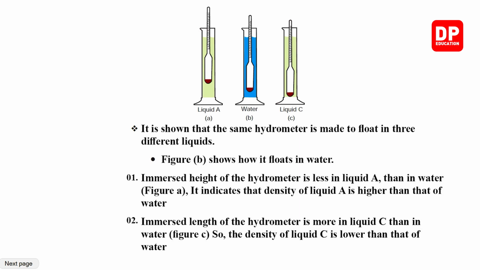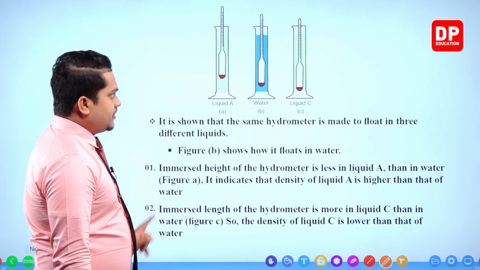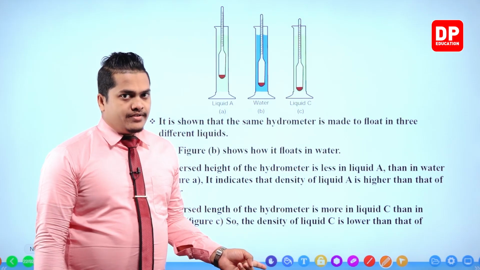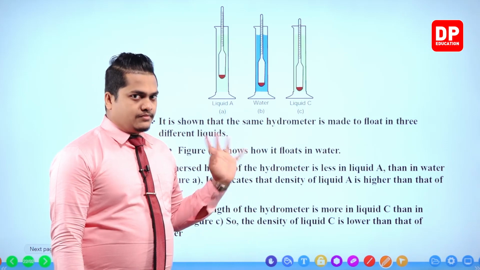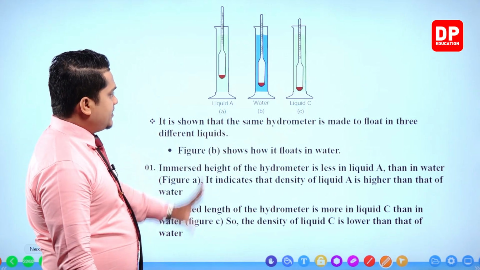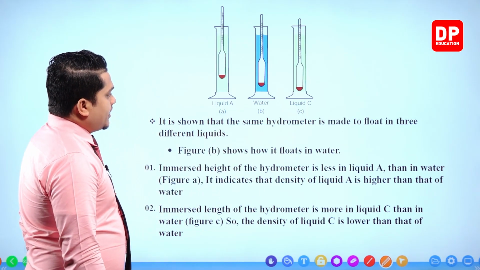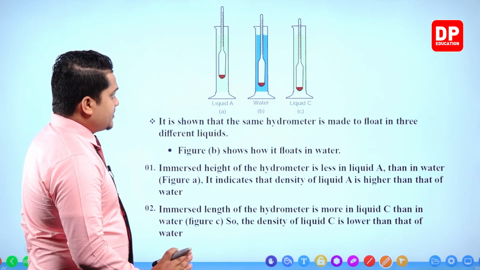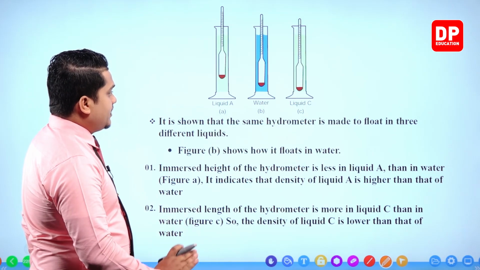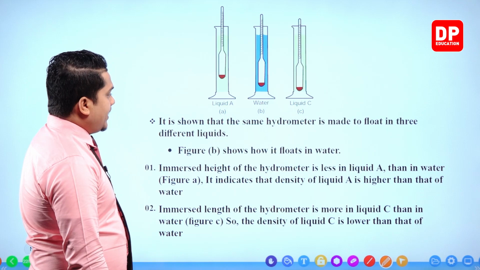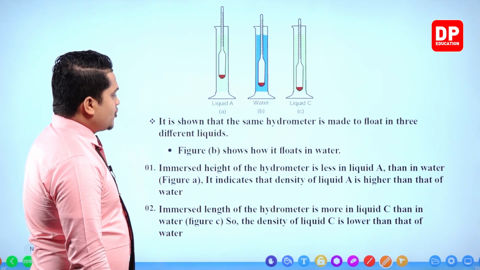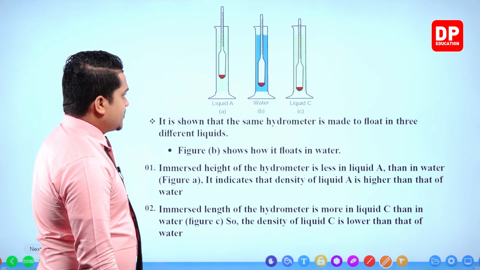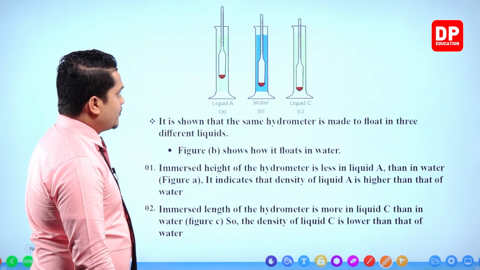It is shown that the same hydrometer is made to float in three different liquids. So as you can see, this is the previous picture, my dear children. The explanation is given, right? So as you can see within the figure, there are three liquids, and the same hydrometer is made to float in three different liquids. The figure B shows how it floats in water.